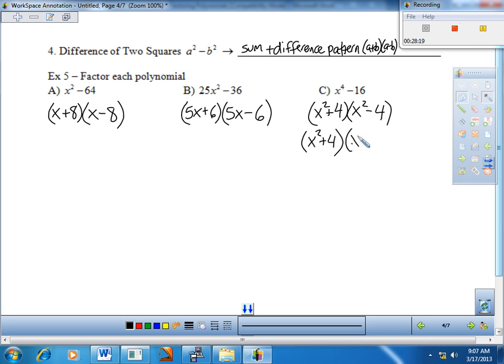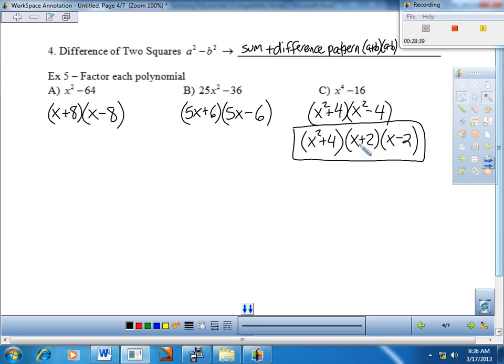Always look at what you have and ask yourself if you can go further and further. And in this case, x times x is x squared. 2 times 2 is the 4, and one's plus, one's minus. If you foiled this piece, would you get that? Absolutely. And so as a result, that quartic that we had was made up of a prime quadratic and two linear factors.